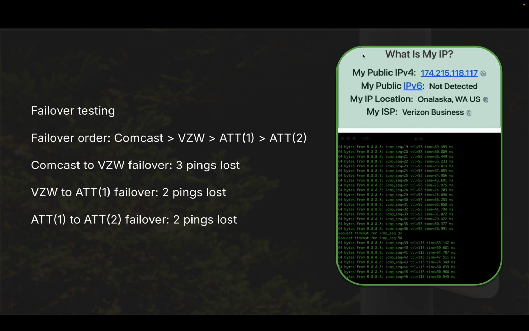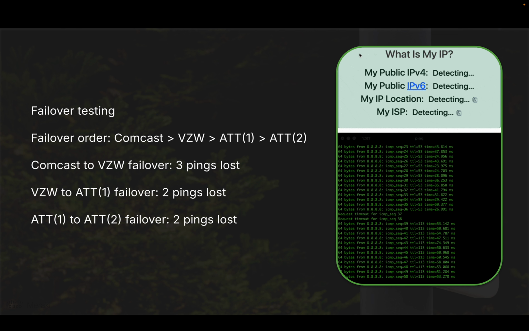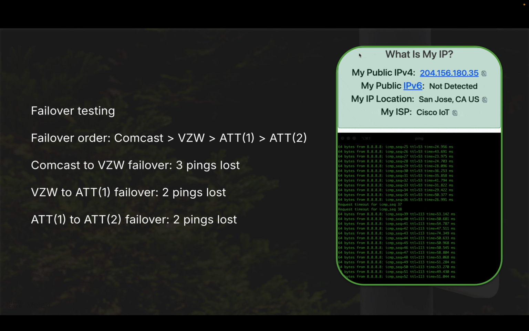And in each of the cases of failover, from WAN 1 to 2 to 3, and then through the MGs, as you can see here, I was only losing usually 2 to 3 pings at maximum.